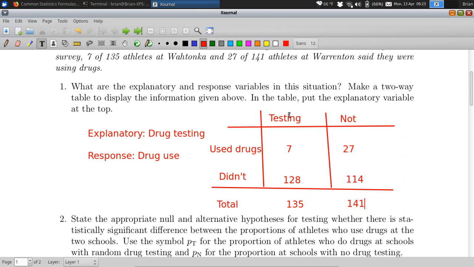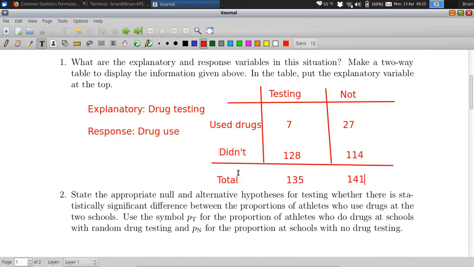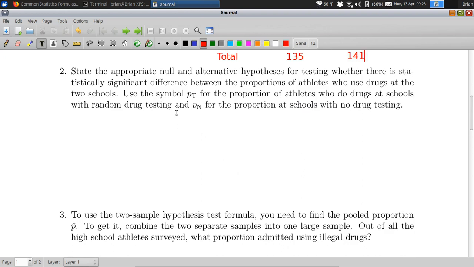I've got the explanatory variable, whether they were using drug testing at the high school, at the top, and then I've got the response variable over here on the side about whether the students were using drugs or not using drugs.